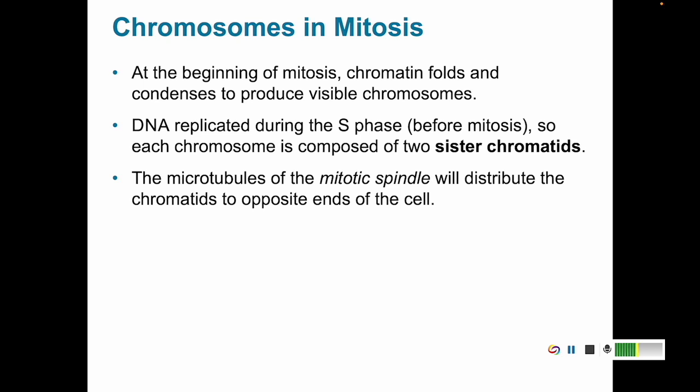Those sister chromatids are two chromosomes, identical, copied from each other, and still connected to each other. And then the microtubules, which are part of the mitotic spindle, are going to take those chromatids to opposite ends of the cell. So those two sister chromatids will separate, go to opposite ends, form into two new nuclei, and form into two new cells.